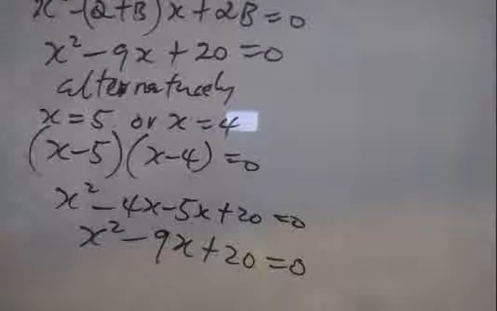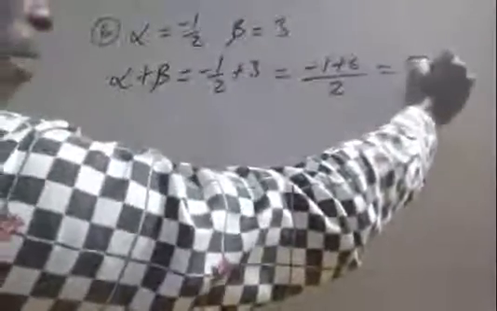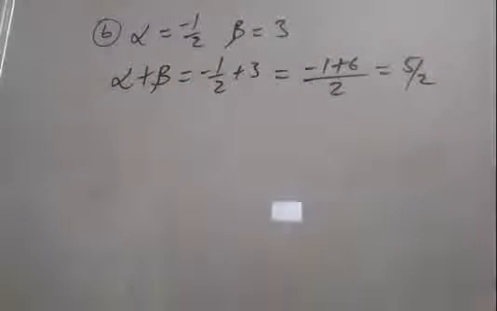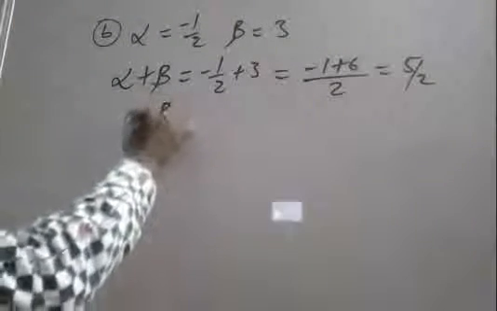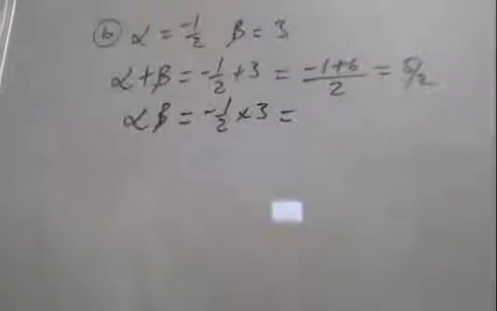So let's look at question B. You have alpha equals minus 1 over 2 and beta equals 3. Alpha plus beta is minus 1 over 2 plus 3. The LCM is 2, so that is minus 1 plus 6 over 2, which is 5 over 2. While alpha beta is minus 1 over 2 times 3, which equals minus 3 over 2.